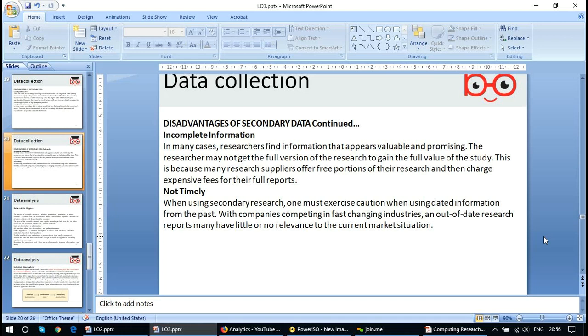Probably you get an older one, out-of-date research reports, and you can be badly deceived. Let's say you relied on a particular research finding from about a year ago, but maybe a more recent research was published a month ago and it was not in your access. That is the disadvantage of the particular secondary source you are referring to, isn't it?